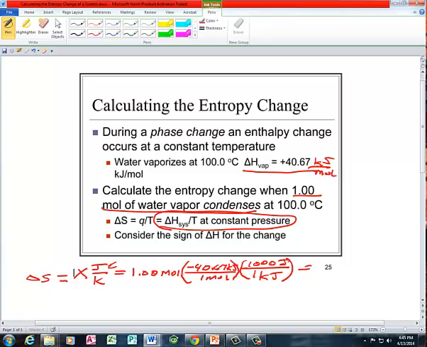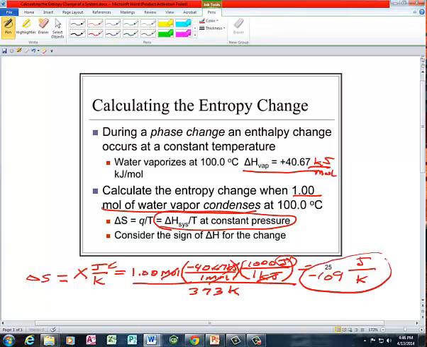Now, if I do this calculation, moles cancels, kilojoules cancels, and I'm left with joules. But that's only part of my answer. My answer also needs Kelvin. I need to divide by the absolute temperature at which this phase change is occurring, which is 373 Kelvin. And when I do that, I come out with a value of minus 109 joules per Kelvin for my change in entropy for the condensation of 1 mole of water.